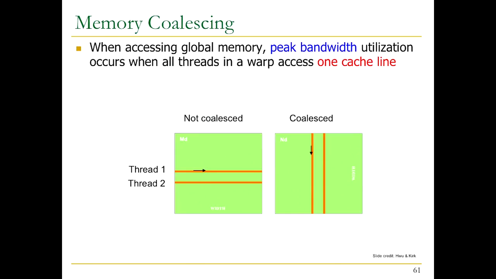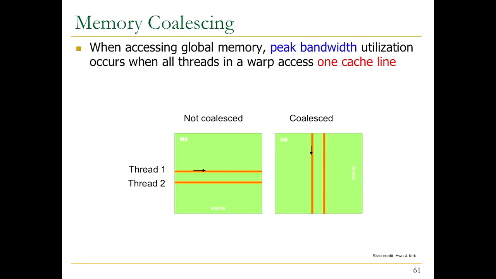These global memory accesses, you already know that they take hundreds of cycles. They are very long latency operations, but it can be even worse. And it could be even worse in case we don't access the memory in the appropriate way.